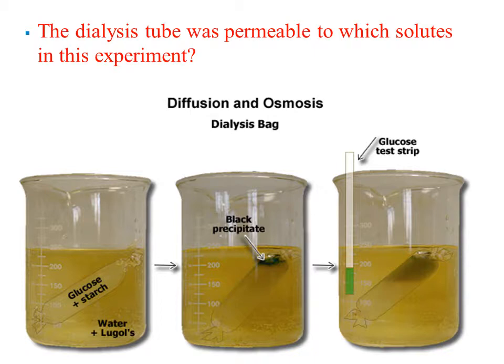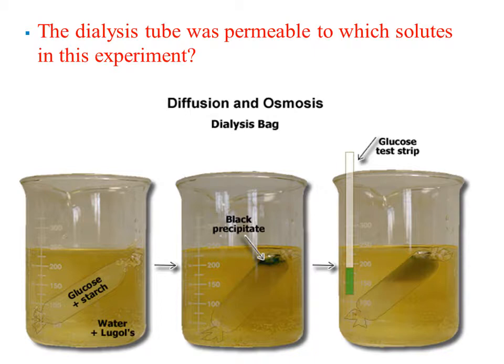So if you look at the image to the far left, the beaker that has the dialysis tube that contains glucose and starch, outside of that dialysis tube, you have water and Lugol solution. Lugol solution is nothing more than iodine.